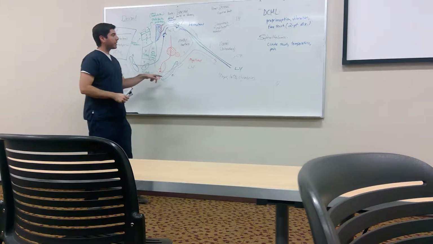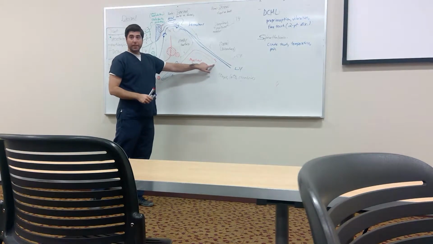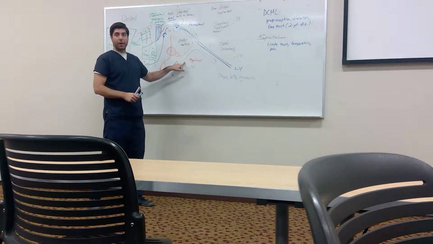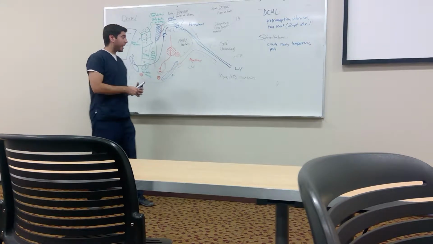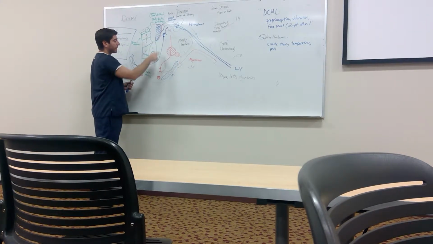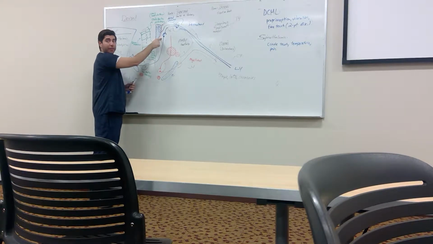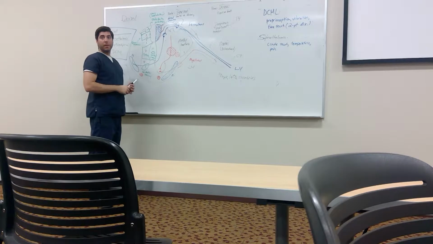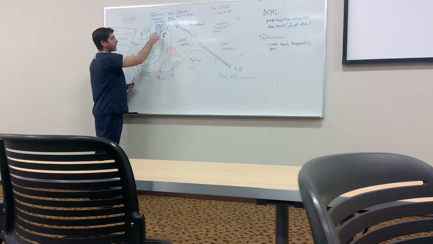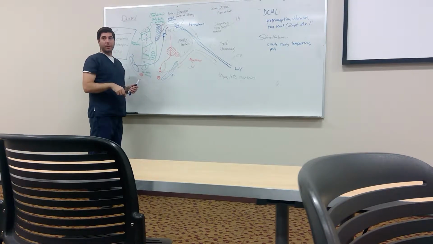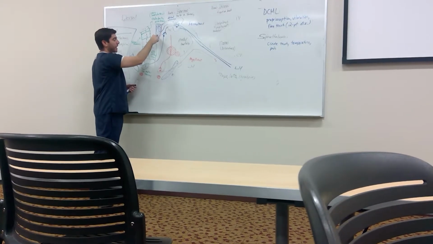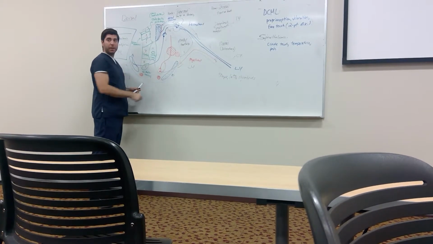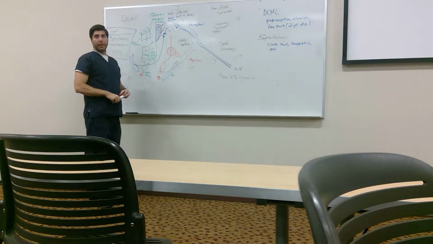You need to know the rami it's going to travel through, the root it's going to travel through, and at what level, if it's a specific level. Then you need to know where it's going to synapse, and after that, which tract it's going to travel in, because this white matter is the only way to go up and down. It's like a road or a highway. Are you going to be on the 101 or the 10 or the 143? So we need to know where it's going to be.